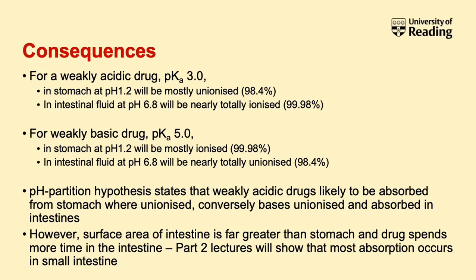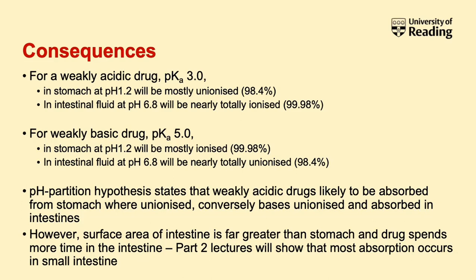If you look at a weakly basic drug, where you have a pKa of 5, we can do the same calculations to work out how much of the drug is ionized in the stomach compared to the intestinal fluids. And you can see in this case, it will be 99.98% ionized in the stomach and 98.4% unionized in the intestinal fluid.